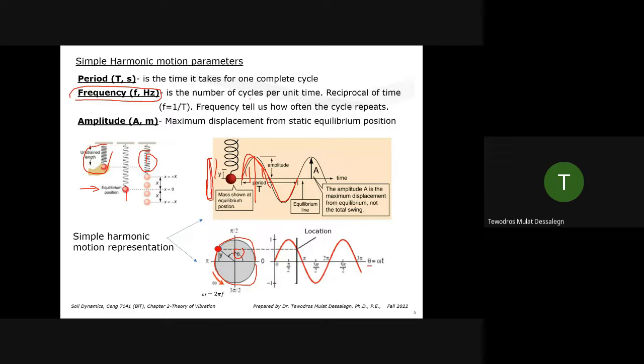Frequency is the number of cycles per unit time, the reciprocal of time, or it tells us how often a cycle repeats. If you have a specific time, let's say you are measuring this, and within this specific time, how many cycles we have, that's what frequency is telling us.